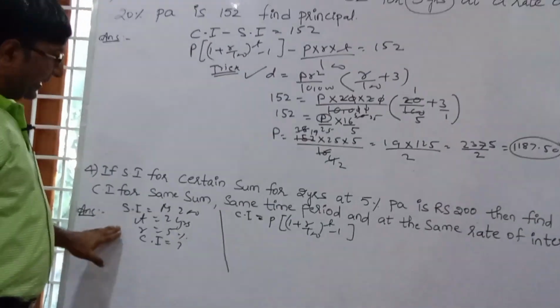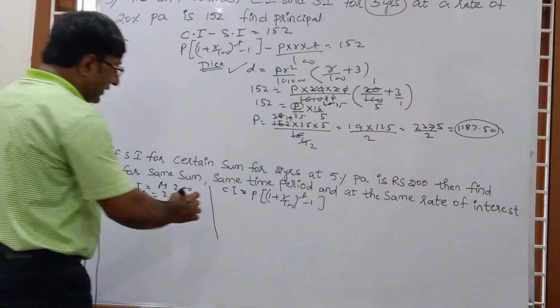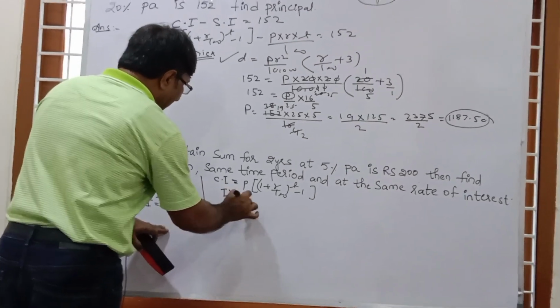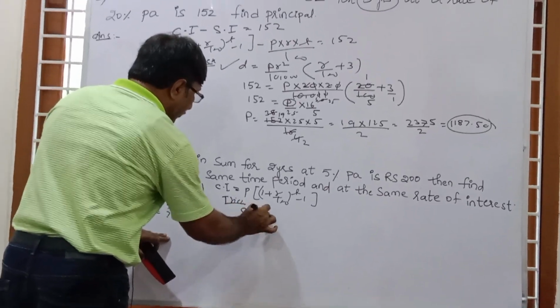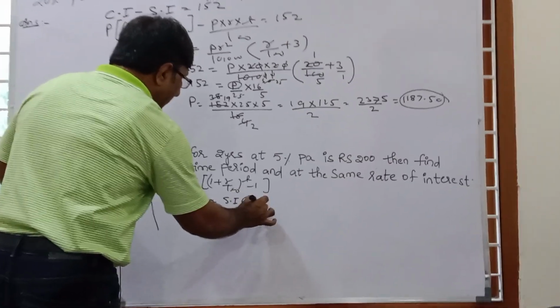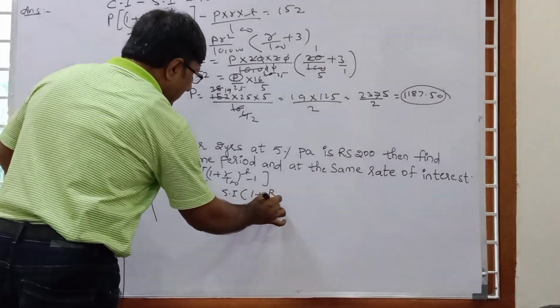So we will use the technique. What is the technique? This is the trick: compound interest equals simple interest into (1 plus rate by 200).